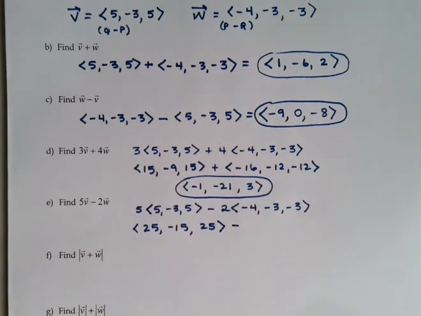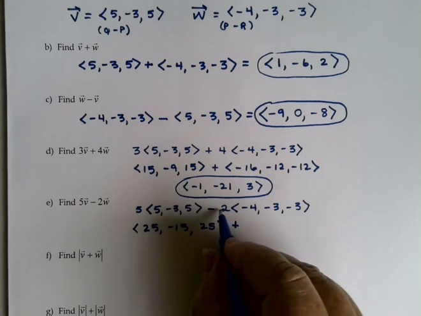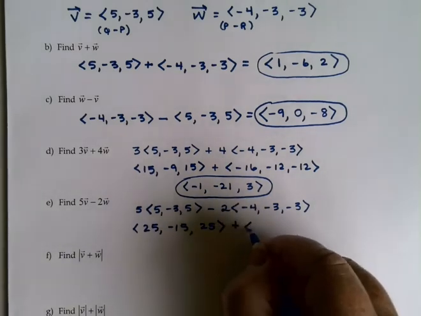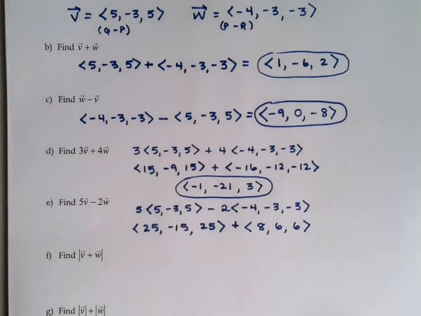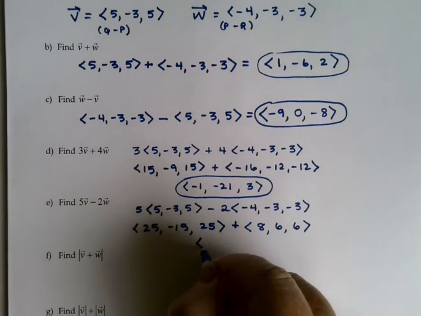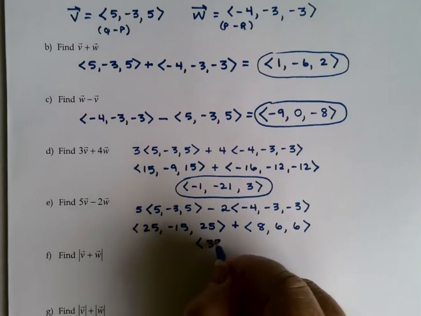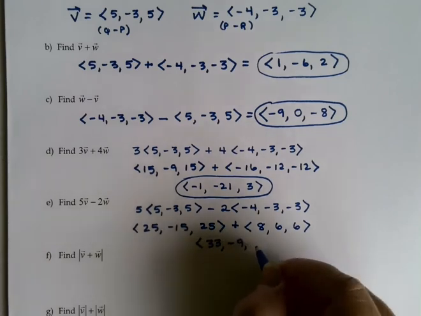And here it's up to you. You can either subtract and just distribute the 2, or you can distribute the whole negative 2. I tend to like to distribute the negative, but that's up to you. So I'm going to change this to a plus and take the negative 2 through. Makes that a positive 8, a positive 6, and a positive 6. And that's going to give me 33, negative 9, and 31.